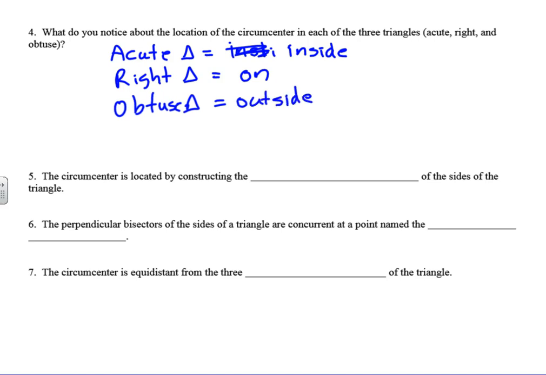So the circumcenter is located by constructing the perpendicular bisectors. The perpendicular bisectors of the sides of a triangle are concurrent at a point named the circumcenter. Okay, the circumcenter is equidistant from the three vertices, so that's why you open your compass to the length of the vertices.